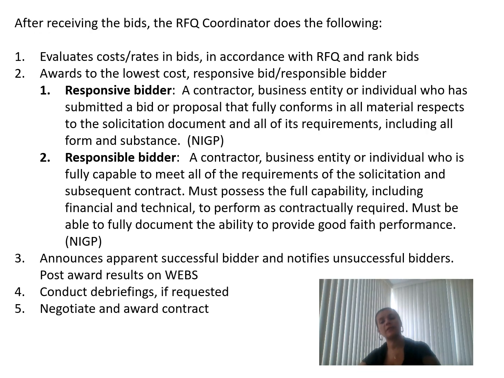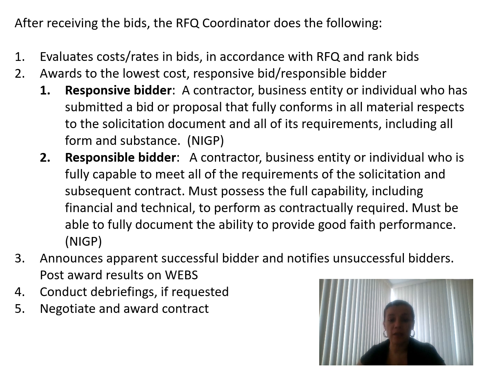So after receiving the bids, this person that we talked about, the RFQ coordinator, does the following. First, evaluate the cost, rates and bids in accordance with the RFQ, or rank the bids. This needs a formal sheet to have all this information, mainly in Excel. Then it awards to the lowest cost, responsive bid and responsible bidder.